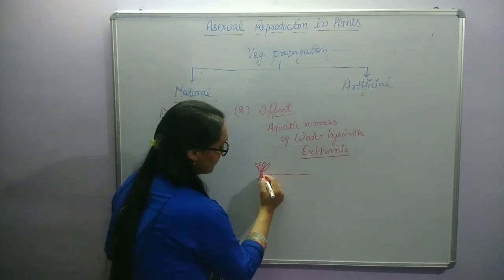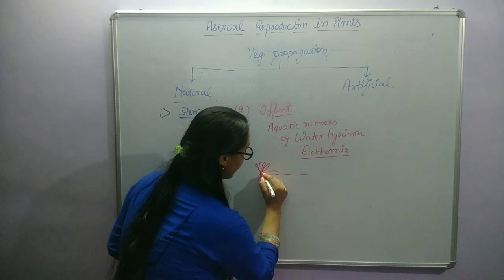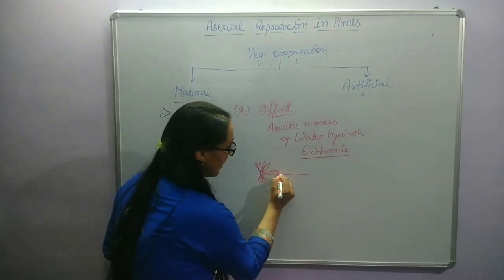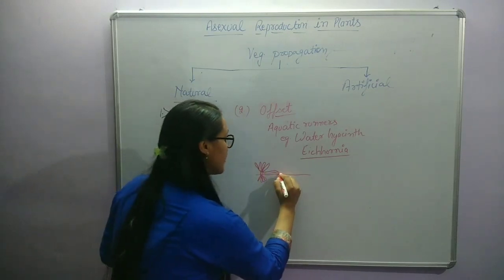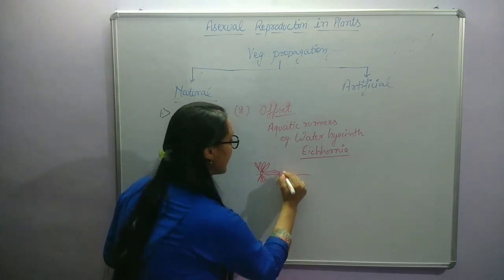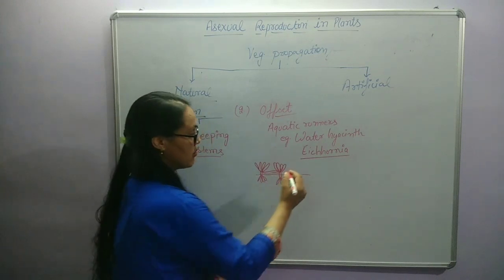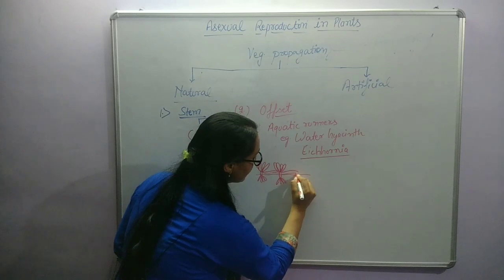Now what happens from here? From a node, a horizontal branch arises, as in the case of runners. When this branch touches the water level, it will give rise to a new stem, roots and shoot. In the same way, from this plant also, a horizontal branch will rise.